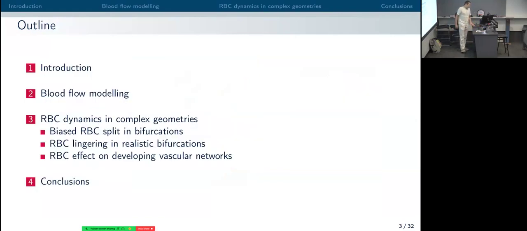So the structure of my presentation: I will first motivate why it's important what I'm going to tell you about today. Then I dig in a bit more detail, telling you about blood flow on the microscale. What I will not do in this presentation is give you a very technical overview of the methods we're using, because this is not really a simulation methods talk.